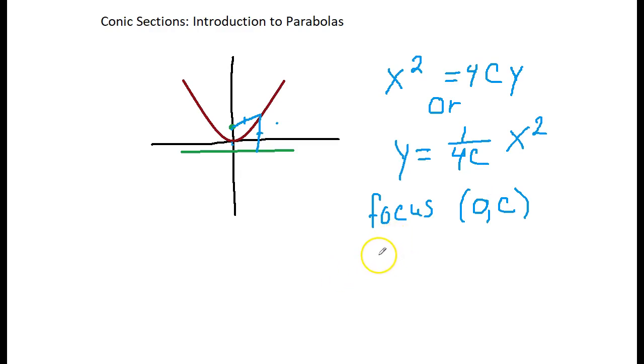And our directrix for this parabola, I can't talk today, would be the horizontal line y equals negative c.